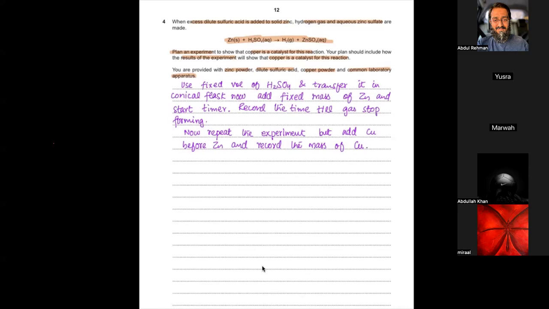So why are we adding copper before zinc? Because zinc and sulfuric acid are reactants. If you add zinc earlier, the reaction has already started. Okay, got it. The catalyst must be present before both the reactants interact with each other, right?